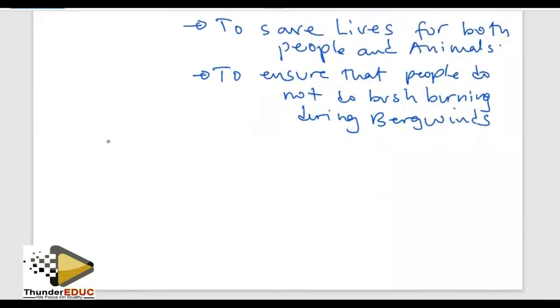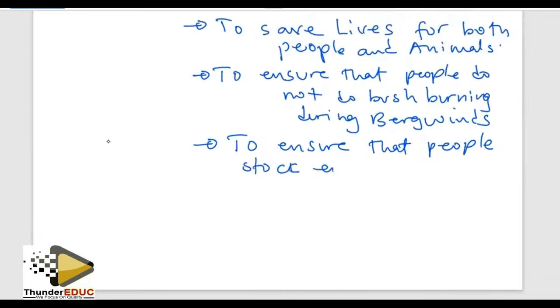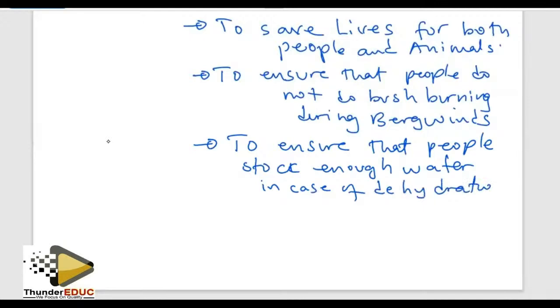As well say to ensure that people stock enough water in case of dehydration, among other reasons.